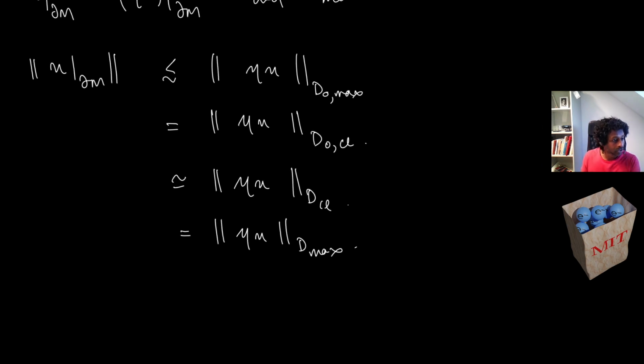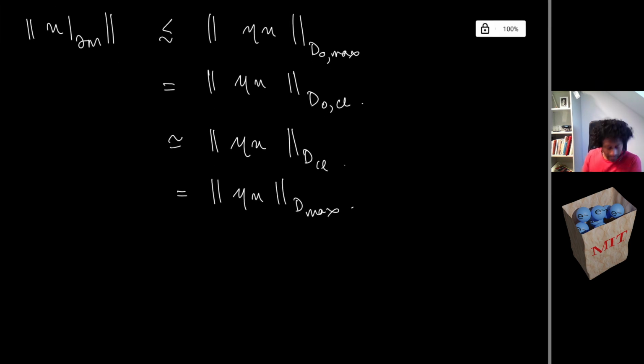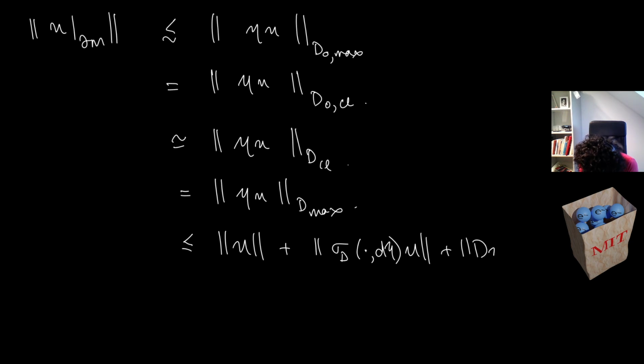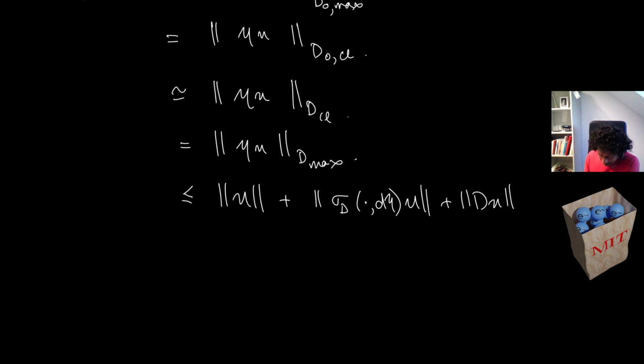And so what do we have here? We have that this is now going to be controlled by U plus now we have D eta acting on U, or well, the symbol, right? So this is really the symbol of D, D eta acting on U, plus D of U. But this is now bounded, right?